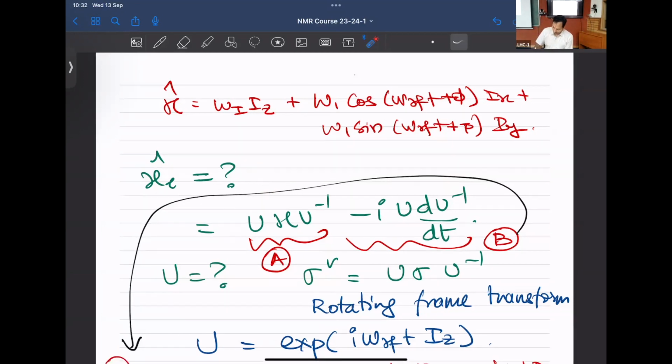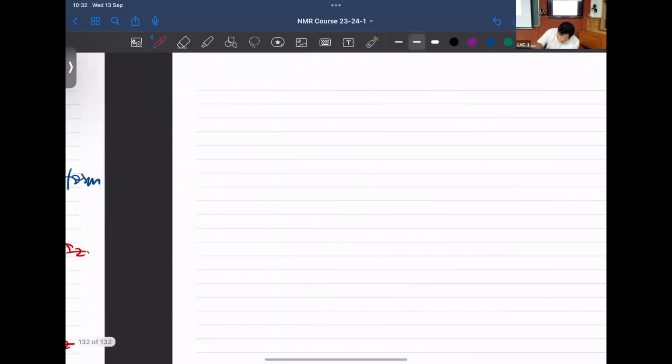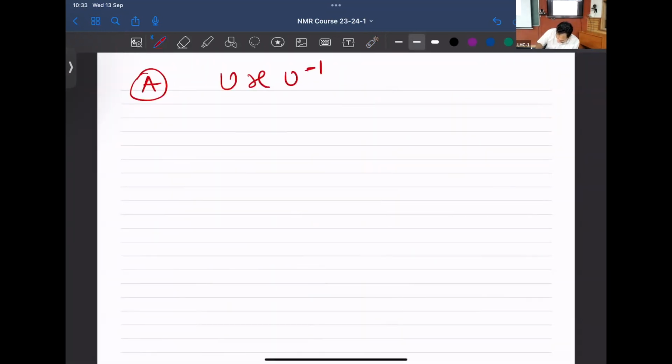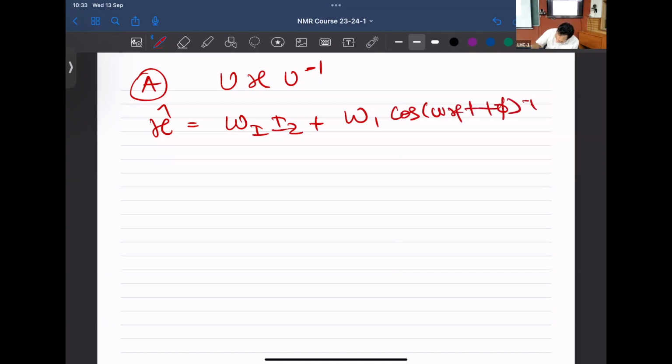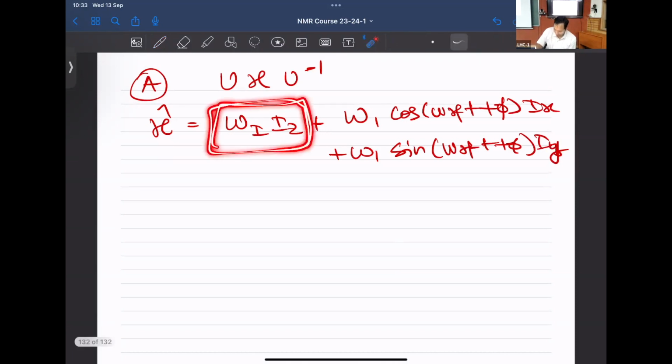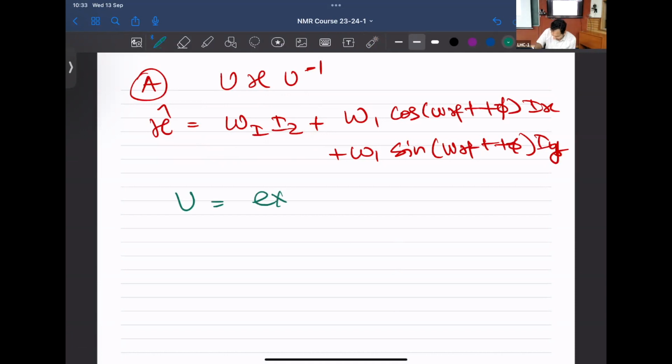That's right. Okay, so the second part consists of U inverse, and the Hamiltonian has omega I Iz plus omega 1 cos(omega r t plus phi) times Ix plus omega 1 sin(omega r t plus phi) Iy. We were trying to ask, will this part of the Hamiltonian transform, given that the unitary transformation is exp(i omega r t Iz)?